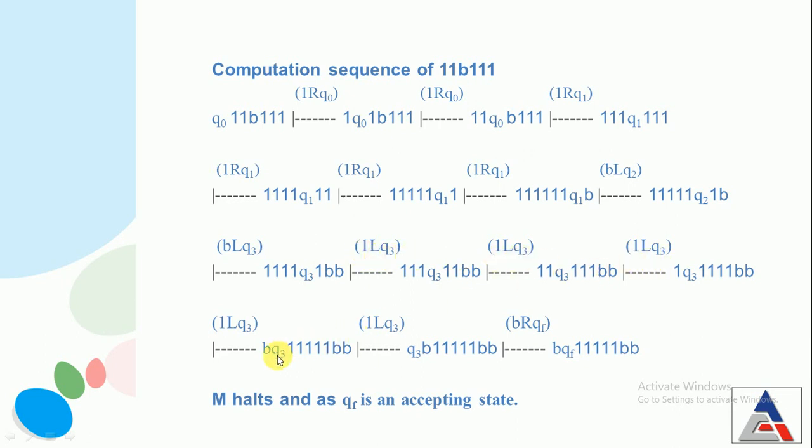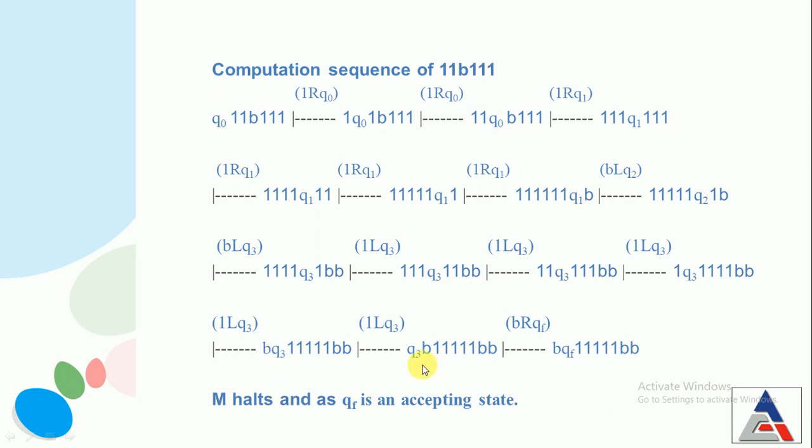Now the moment you reach this point, Q3 upon processing 5 consecutive ones, again you need to add this B at the starting position. I will let you know in a short while why we have added this B. When you process Q3 upon 1, the same move is executed, that is 1L Q3, and you move to the starting position.